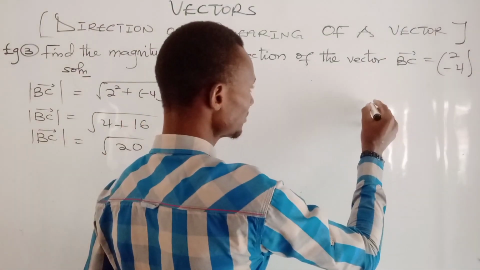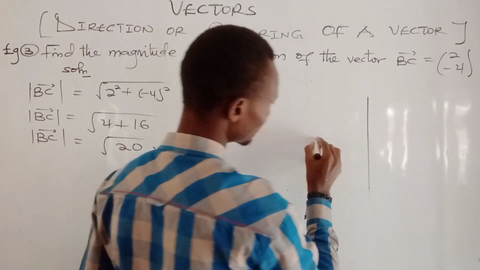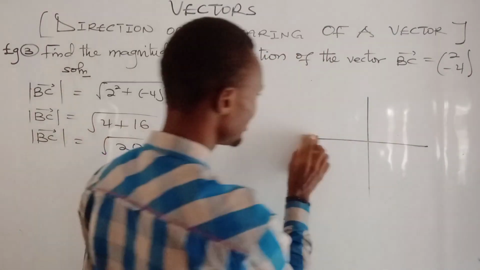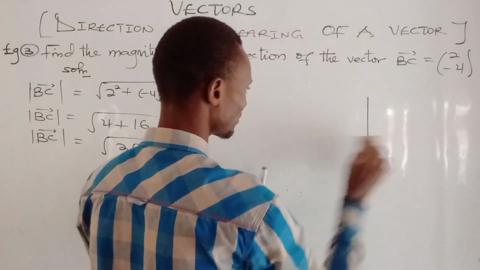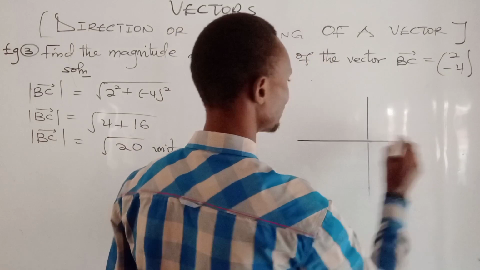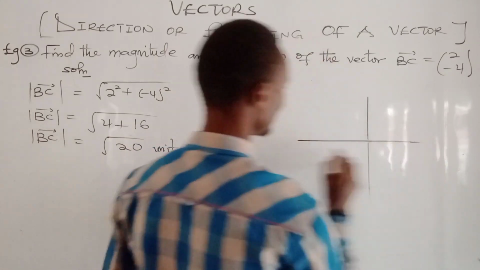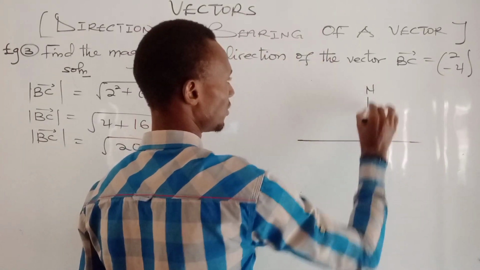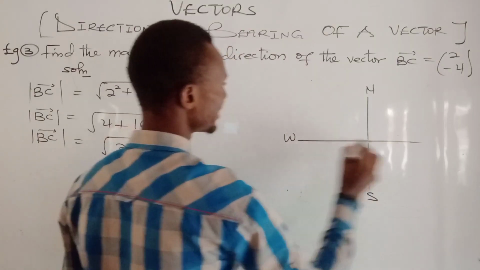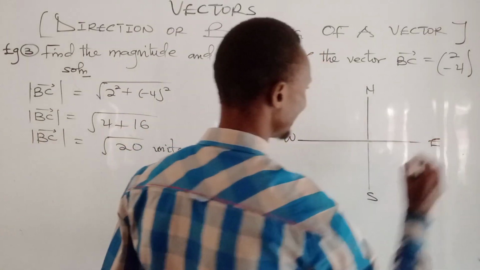Okay, so this is my cardinal point. Let me straighten it more. Okay, good. So this is my north, south, west, and east.